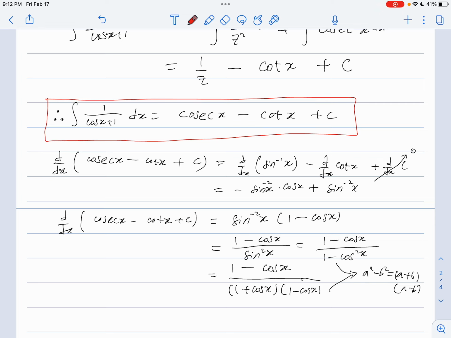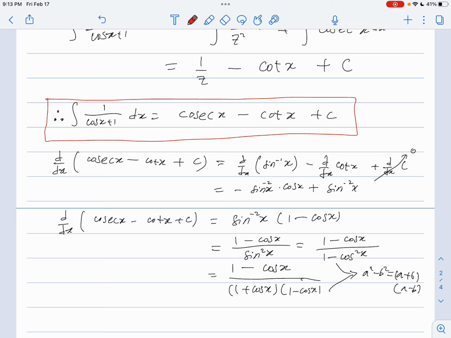And here is the thing that we need to pay attention to: in order for us to be able to divide by 1 minus cosine of x, 1 minus cosine of x should not be equal to 0.